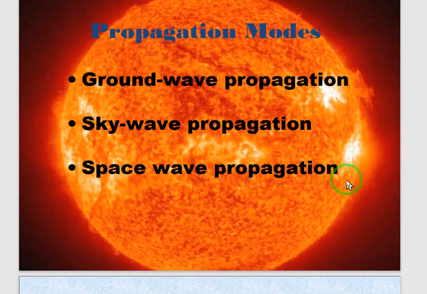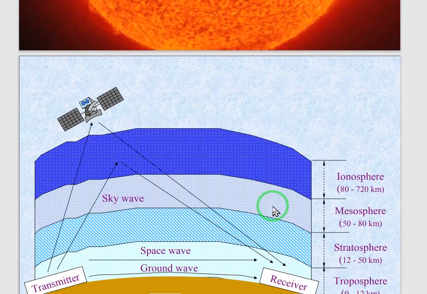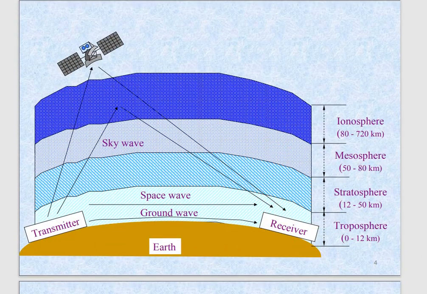There are basically three modes available for propagation, by which the waves travel by these methods. Number one is ground wave propagation. Number two is sky wave propagation. And the last is space wave propagation. These propagations are illustrated in this figure.